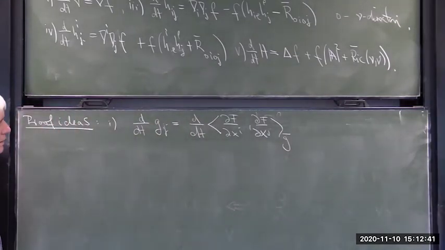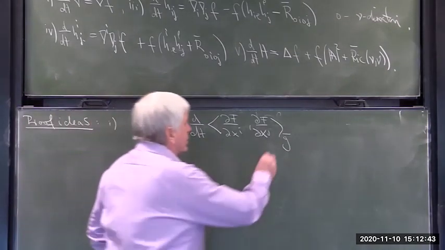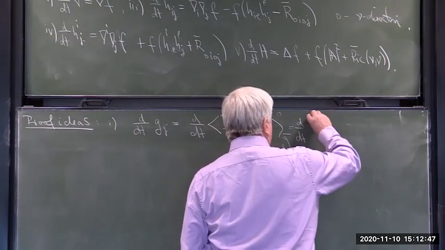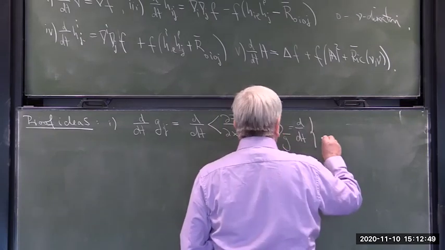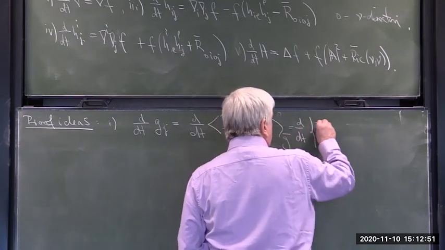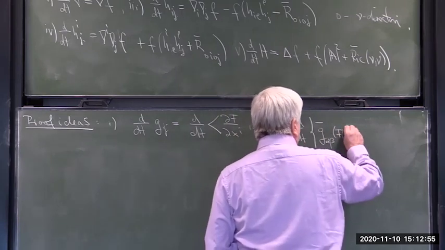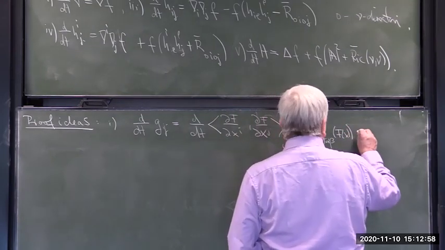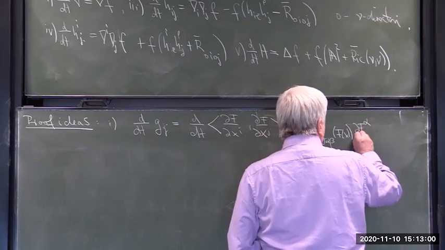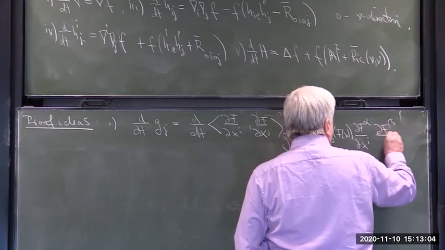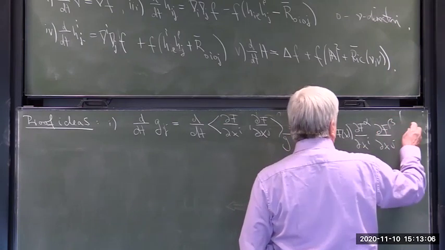Now, when you write this out, this is d/dt of a big mess where you have g-bar_{αβ} at f of x times ∂f^α/∂x^i times ∂f^β/∂x^j.